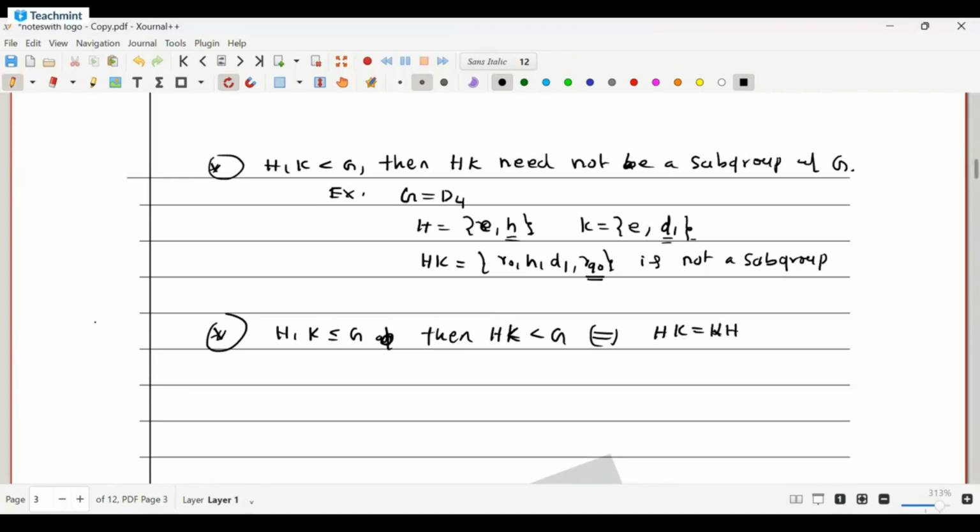So H and K commute with each other as complexes or non-empty subsets of G, then HK is a subgroup, and order of HK is equal to order of H into order of K by order of H intersection K. The proof, we don't want to go into.